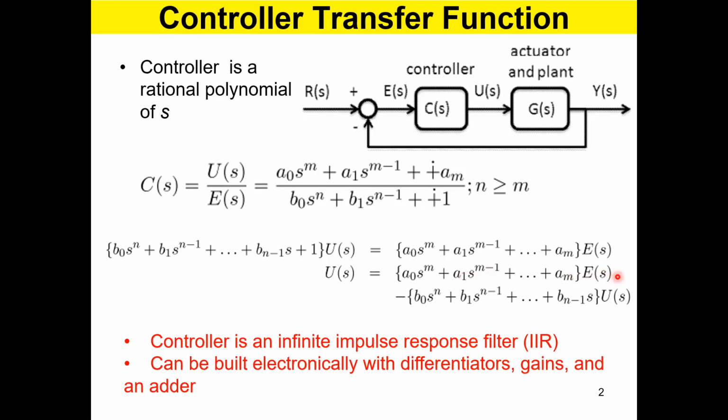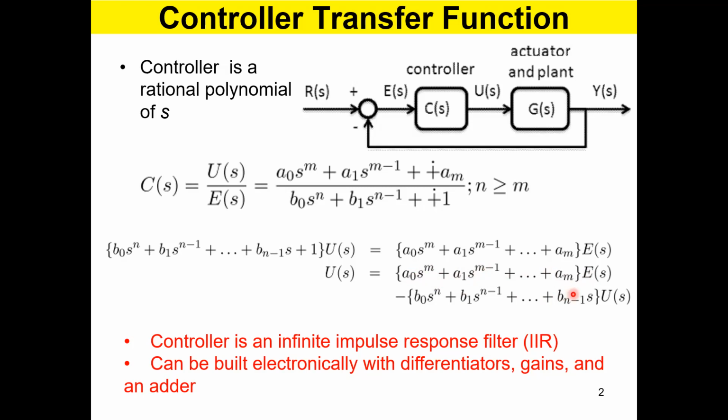You need to be able to get the error signal and directly multiply it. That is the first term, and after that you have to differentiate, multiply, differentiate, multiply, differentiate, multiply. Every time you do that, you have to add these intermediate results. This is the summation of all these terms.